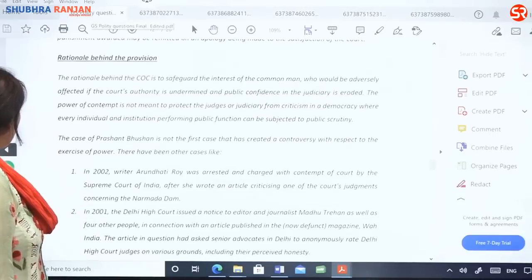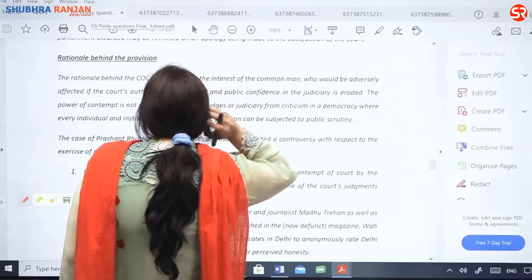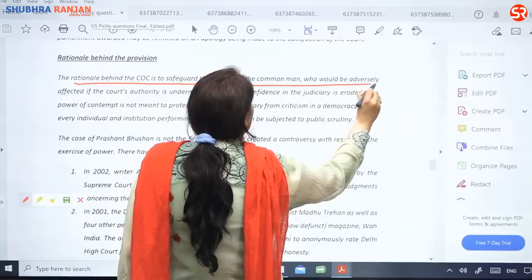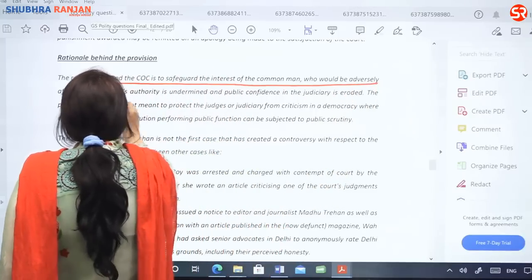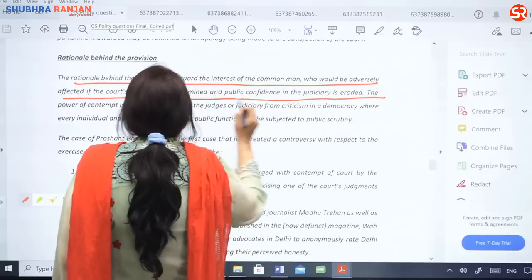This is important: this is not to protect the judiciary, it is to protect the common man. The rationale is to safeguard the interest of the common man who would be adversely affected if the court's authority is undermined and public confidence in the judiciary is eroded.